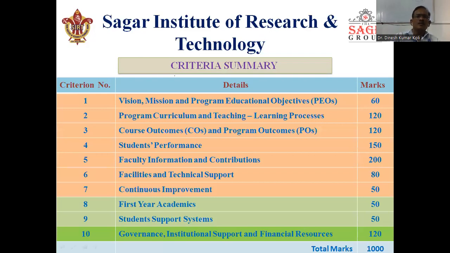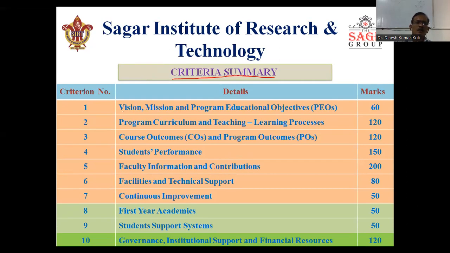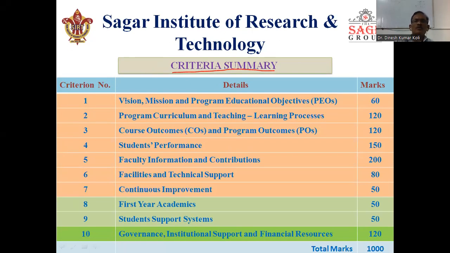Now here you will see the criteria summary for all the criteria from 1 to 7. The criteria 1, which is shown here, is the vision, mission, and program educational objectives.